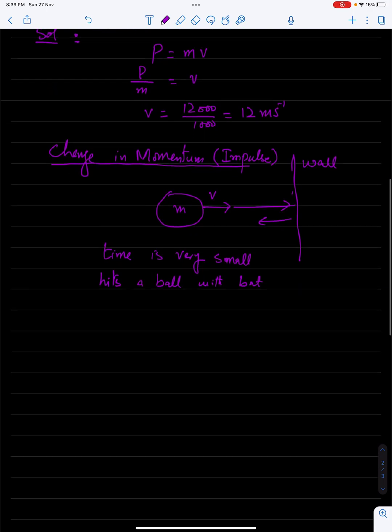For example, let's consider that a ball of mass m is moving with its initial velocity, let's say it is u, and someone applies a force on the same ball and now its mass remains the same, but its velocity becomes v.